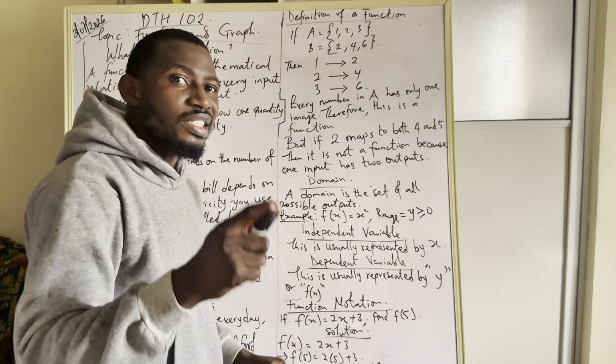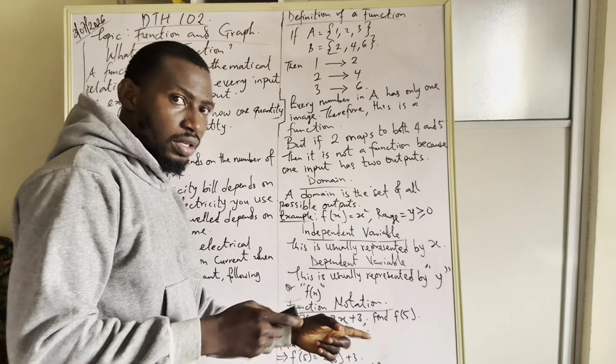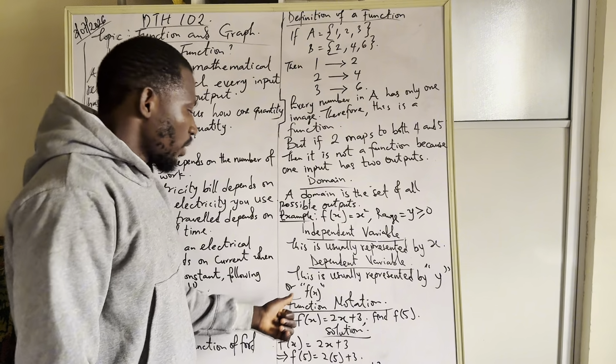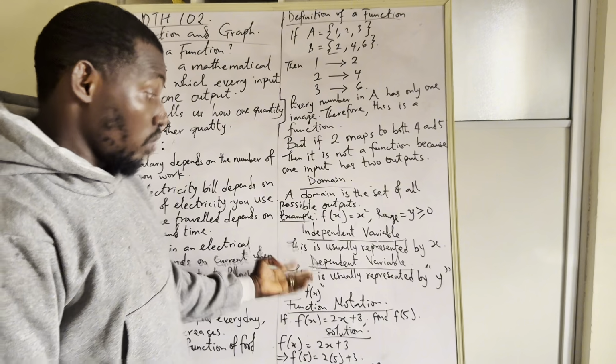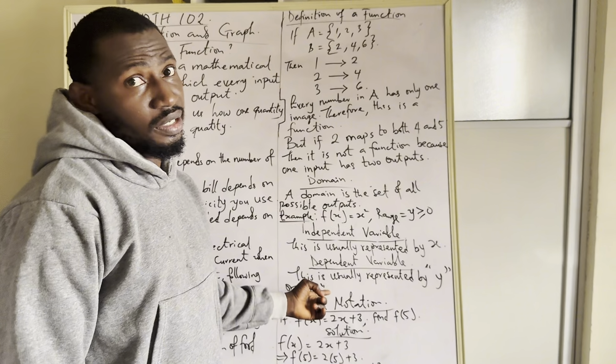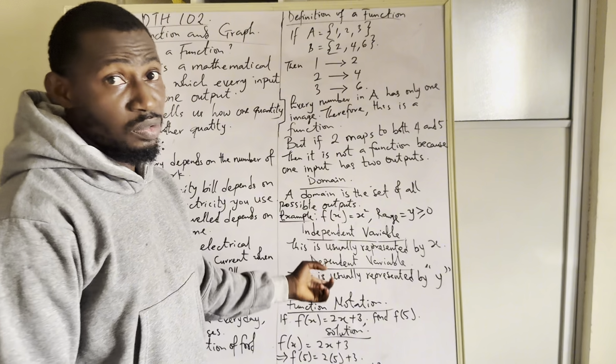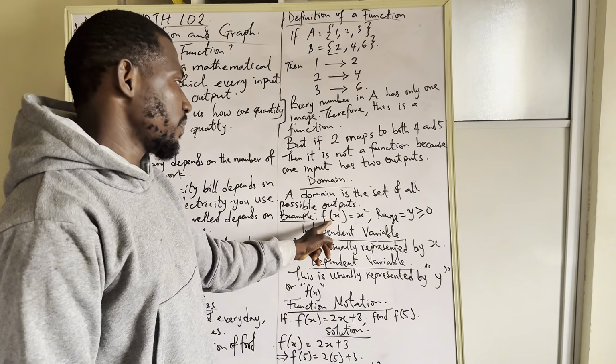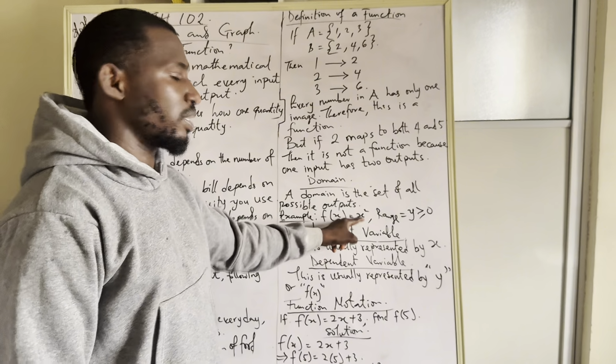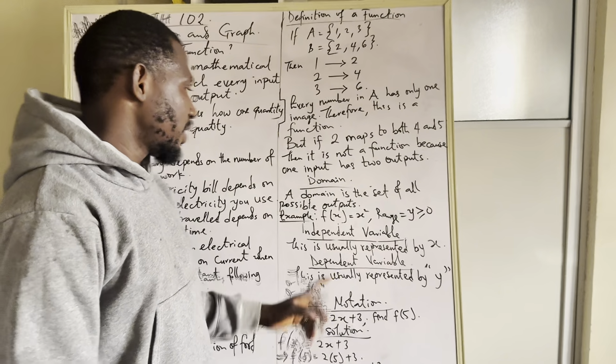The value of x is what will determine the value of y. We sometimes represent the dependent variable with f of x. This is dependent, this is independent. Are you getting it? That is it.